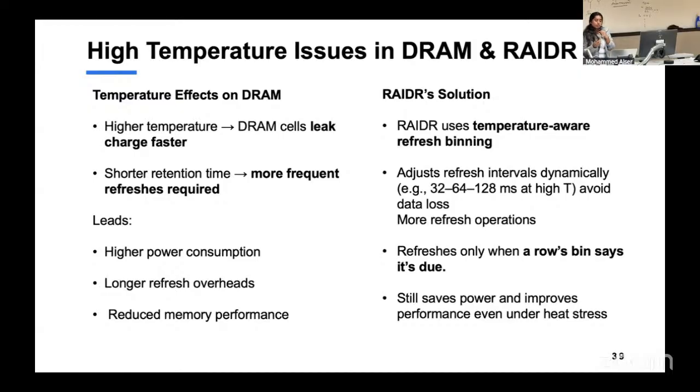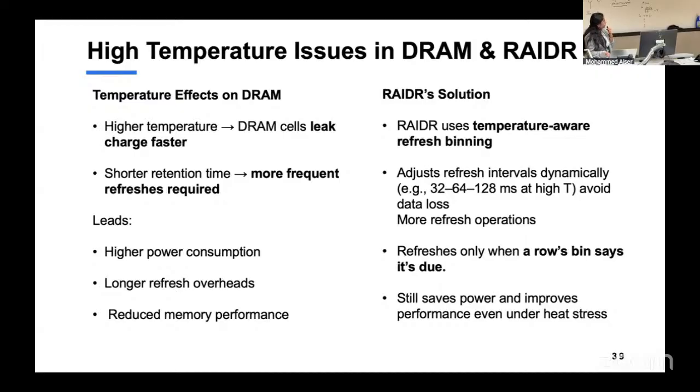And let's see how RAIDR proposes a solution for the temperature effect. Temperature RAIDR uses a temperature-aware refresh binning, and that is the reason it effectively resulted in a 75% refresh reduction rate. And it will adjust the interval dynamically. For example, if it is at extreme high temperature, it will adjust the base intervals from 32, 64 and 128, without data loss.